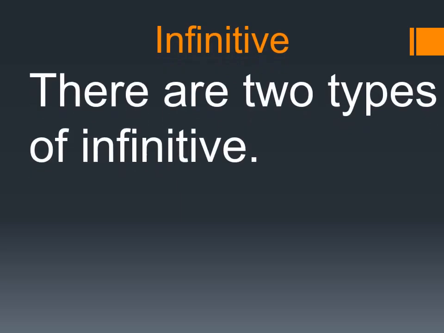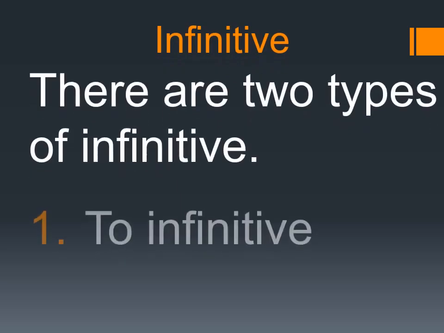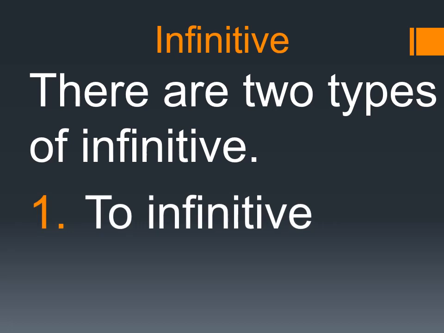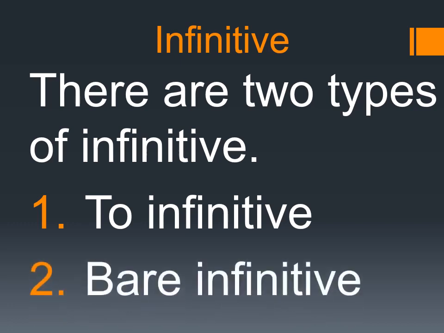There are two types of infinitives. To infinitive, that I just explained, when we add to to the verb, means to jump, to run, to see, to wait, to go, to buy. There we use to with the main verb or the positive verb. Number 2 is bare infinitive.